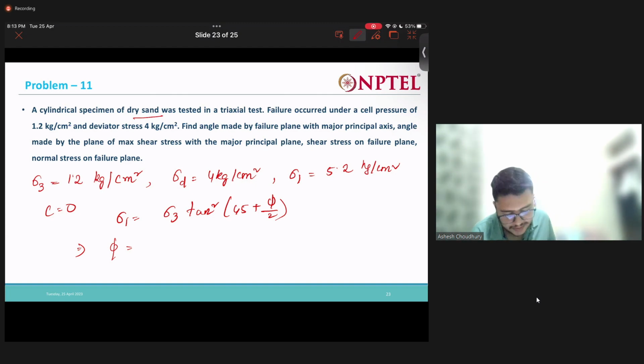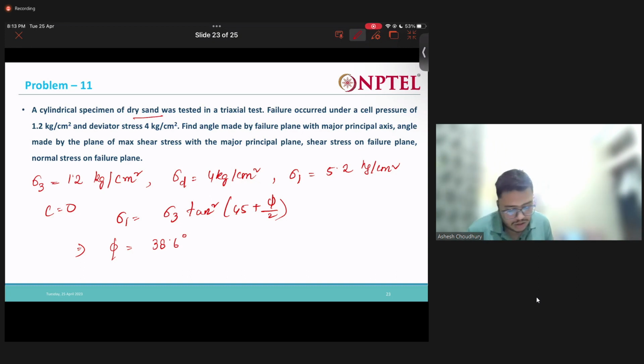So what will be phi from here? Friction angle of the soil. It's 38 degrees, 38.6 degrees, I guess.